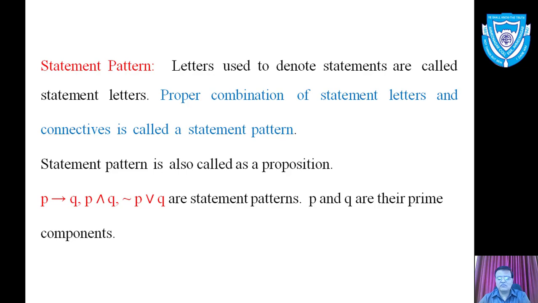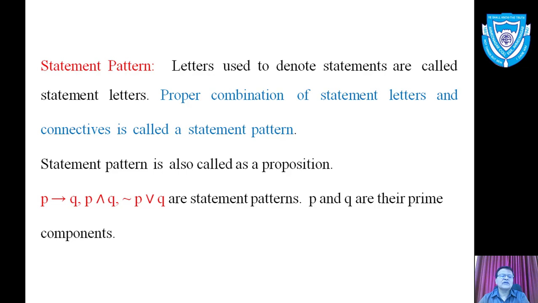In the previous examples, we saw letters and connectives combined properly so that the combination had some meaning. Such a combination is called a statement pattern. Here are some examples. A statement pattern is also called a proposition. So proposition is another name for statement pattern.